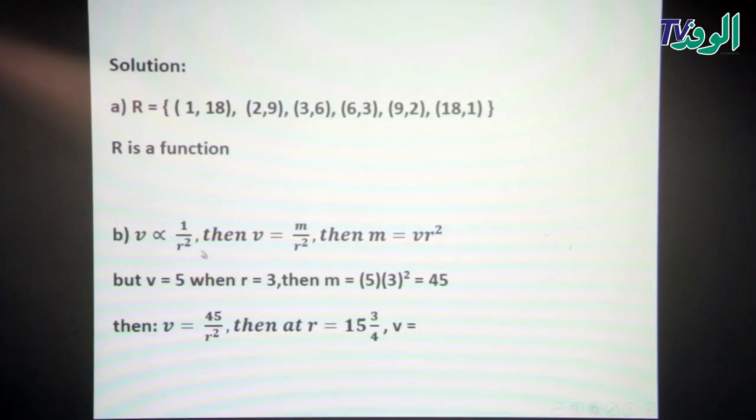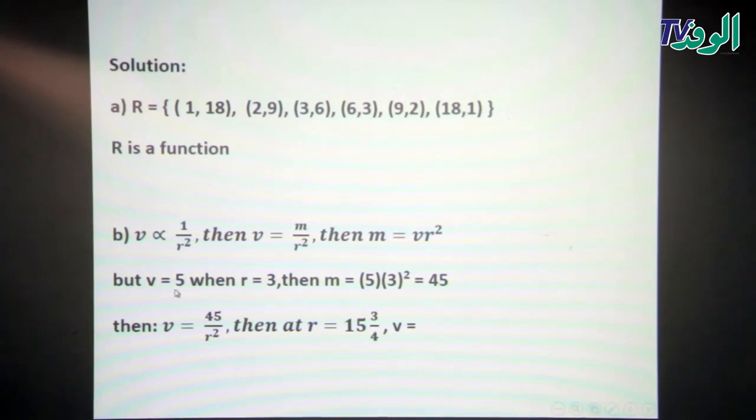Let's see how. v varies inversely as r squared, so it's 1 over r squared. Then v equals constant of variation m over r squared. Then m, the constant, equals v r squared.